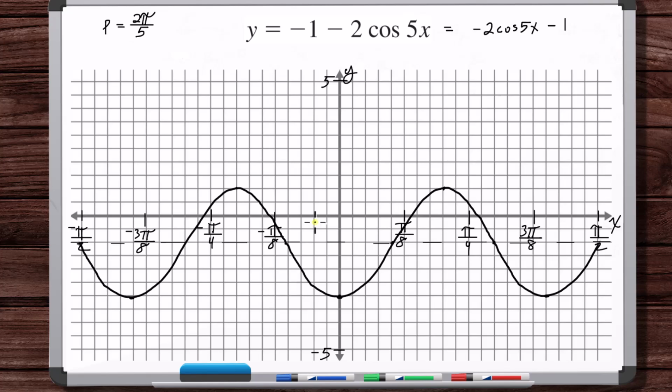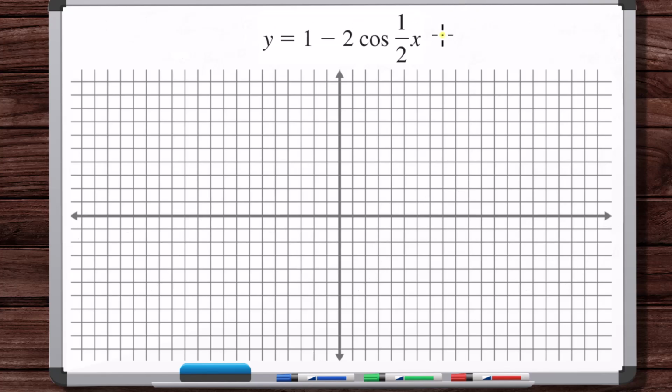And there we go. The main shift here, the property, is this shift in the average function value that's being oscillated around. So let's write this: minus 2 cosine 1/2 x plus 1.